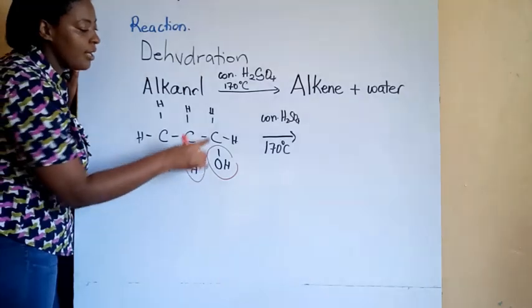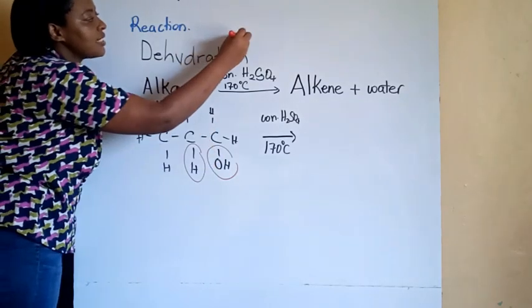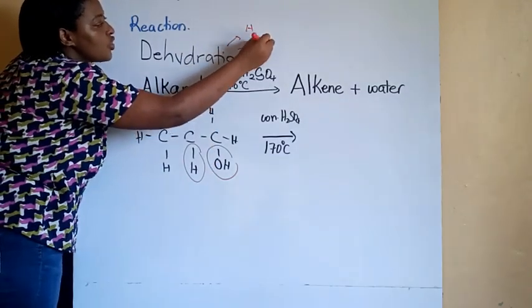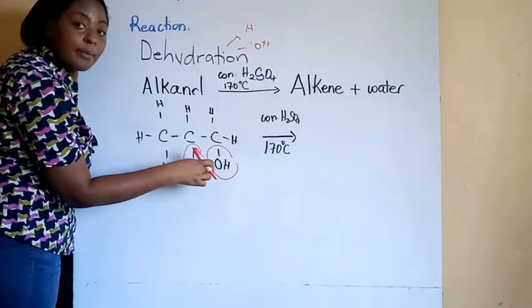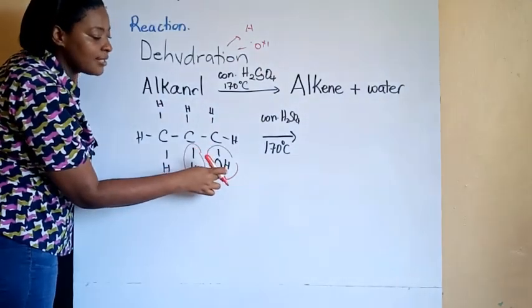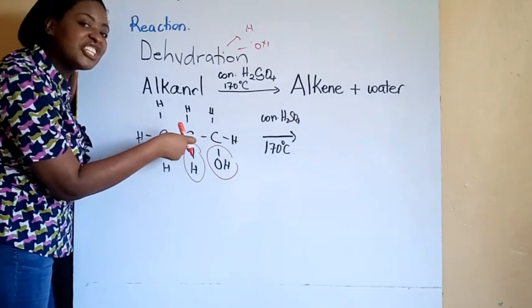So let's go again. In dehydration, we're taking out H and OH. You take out OH from one carbon, right? And we're going to take out the H from the adjacent carbon.